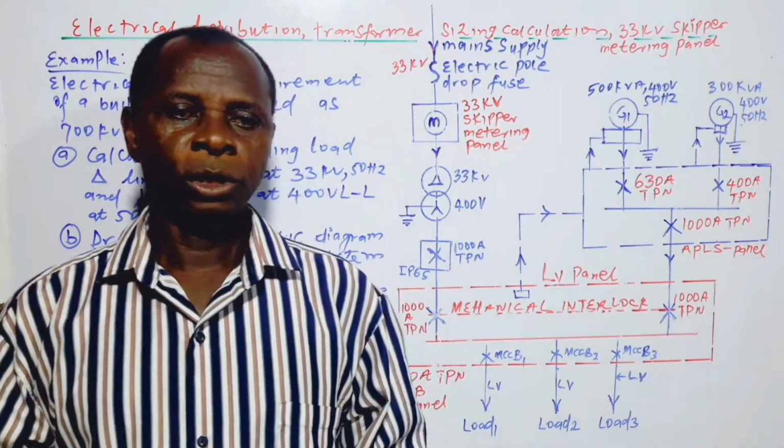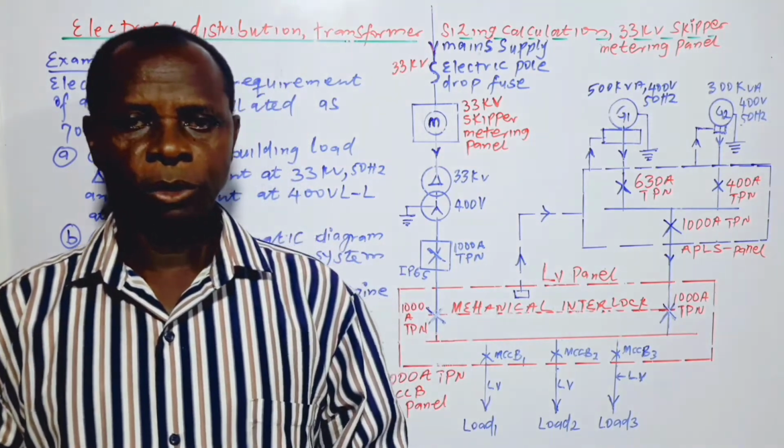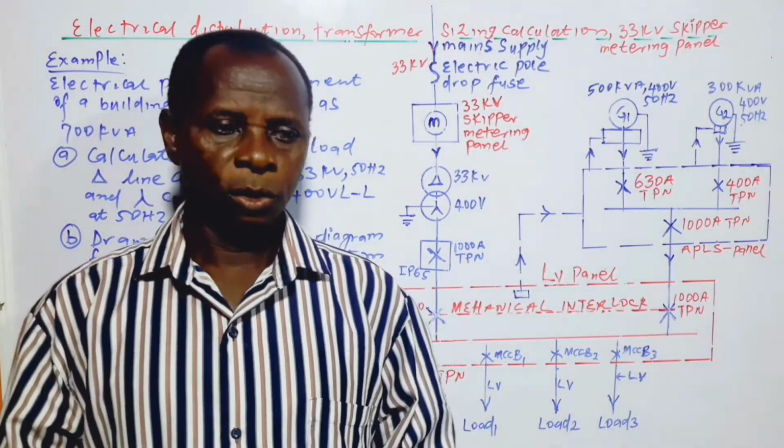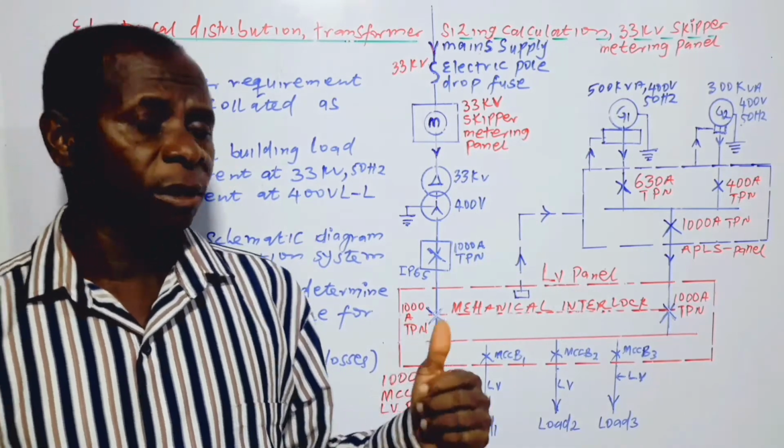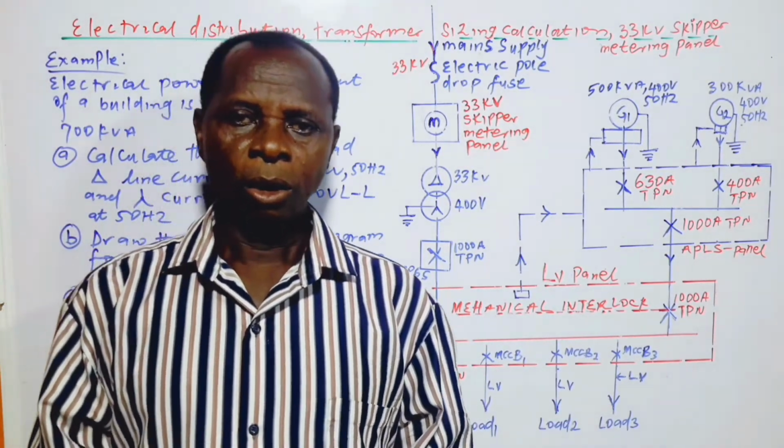We are also going to see how to do metering at medium voltage, which is 33 kilovolts, without necessarily making use of the conventional AC or MV panel.